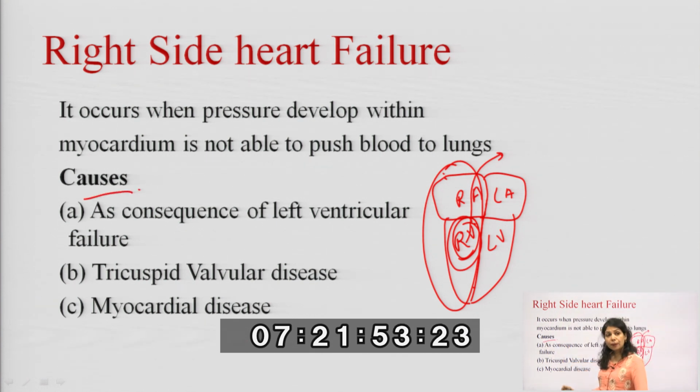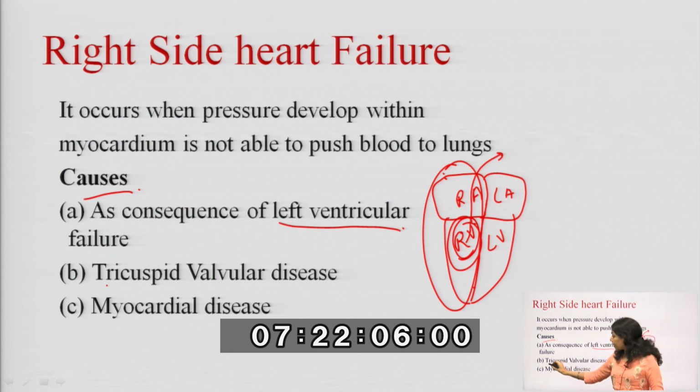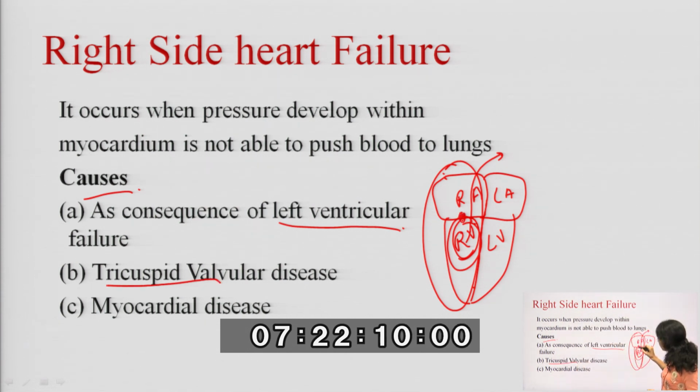Causes: why is this happening? This is happening because of left ventricular heart failure. The left ventricles are not pumping sufficient blood, and it may lead to right side heart failure also. Or a tricuspid valve disease. The tricuspid valve is present between the right auricle and the right ventricle.